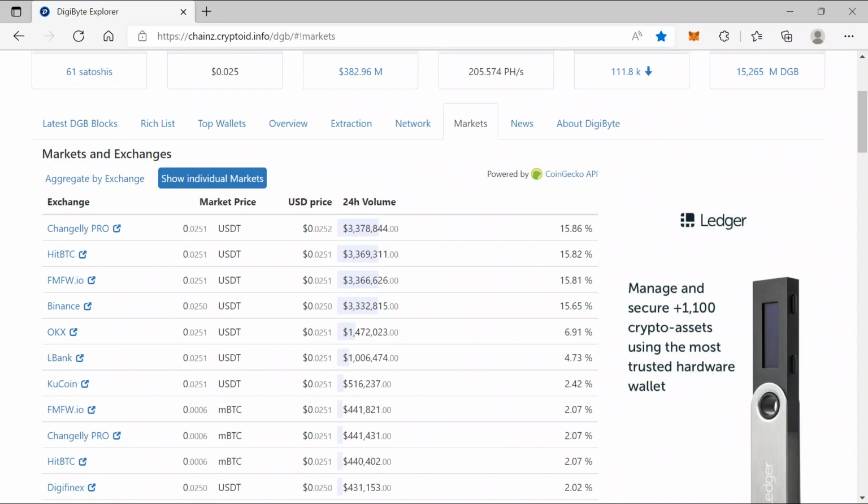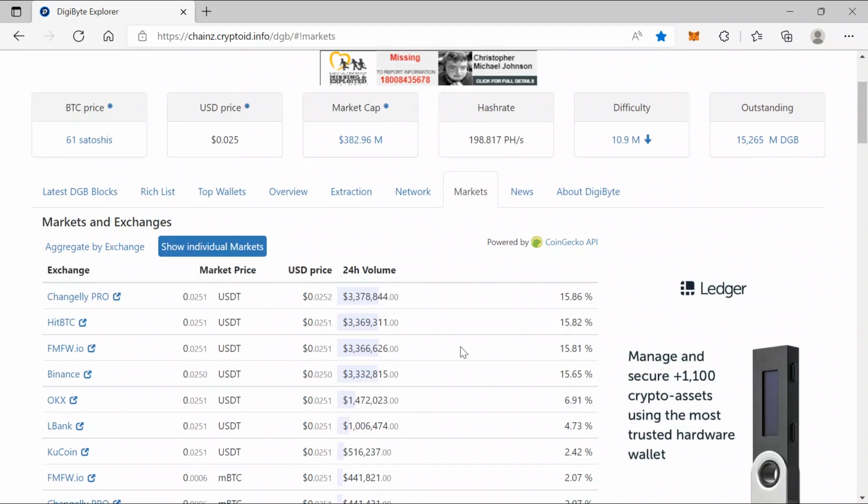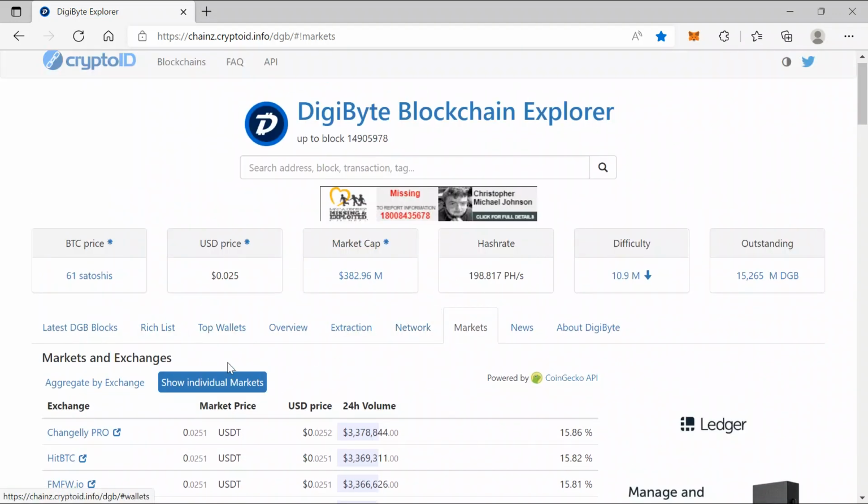You can look at it at any volume, whether they're doing $10 million or $2 million over a 24-hour volume, they're always pretty much exactly the same. And by the way, I've never found any of their actual wallets to say that they actually own any Digibyte, but that's a different story to tell.